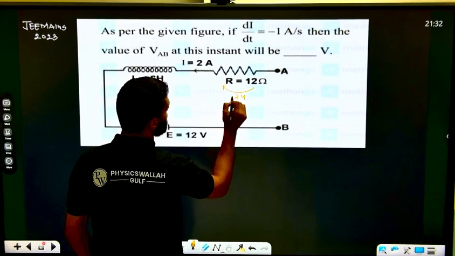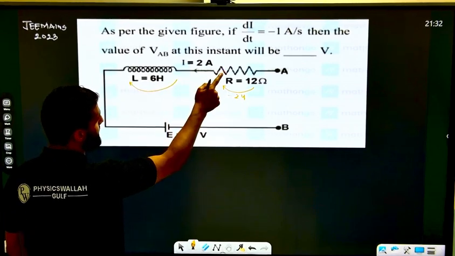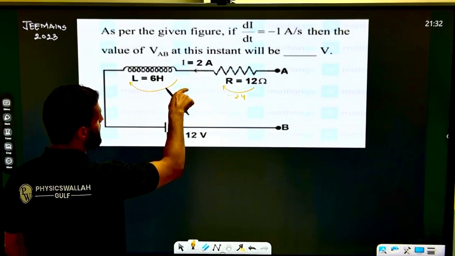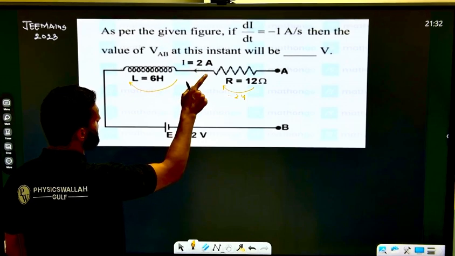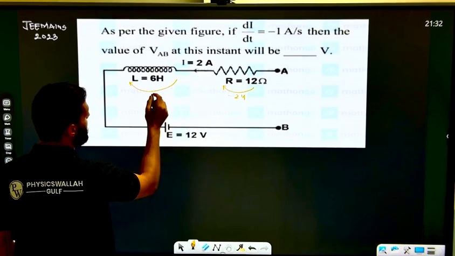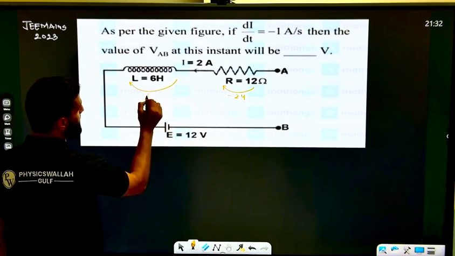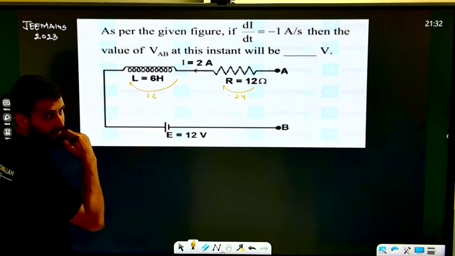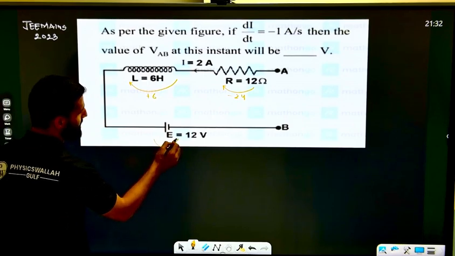Here, this is a gain, right? L, how much is L? Plus 6. 6 into minus L di by dt, 6 into minus 1, plus 6. And what about this?